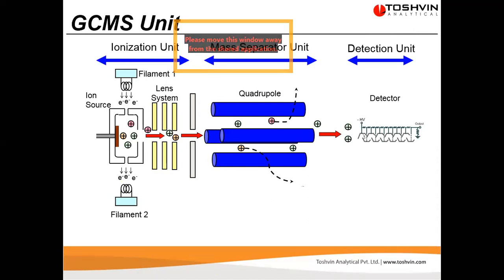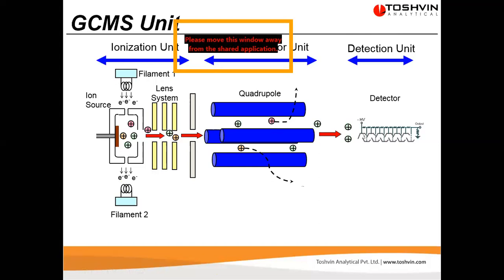Many times, I've seen people asking what kind of detector you have in your lab. Most of the time people say that I have an MS detector. This is the general answer we get. But to be more precise, MS is this whole section, and the actual detector is the electron multiplier tube, EMT.